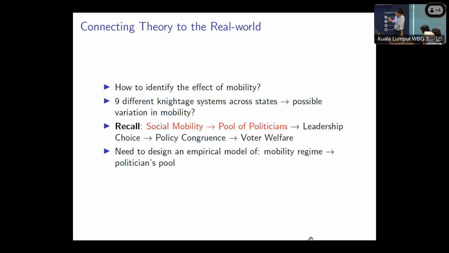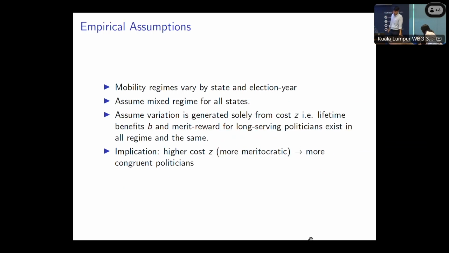That if it's a more patronage-based system, it has the worst pool of politicians. And so what I want to do is design an empirical model of how the mobility regime affects the politicians' pool. So I have to find an exogenous variable that affects social mobility. And so these are the empirical assumptions. The mobility regimes vary by state and election year.